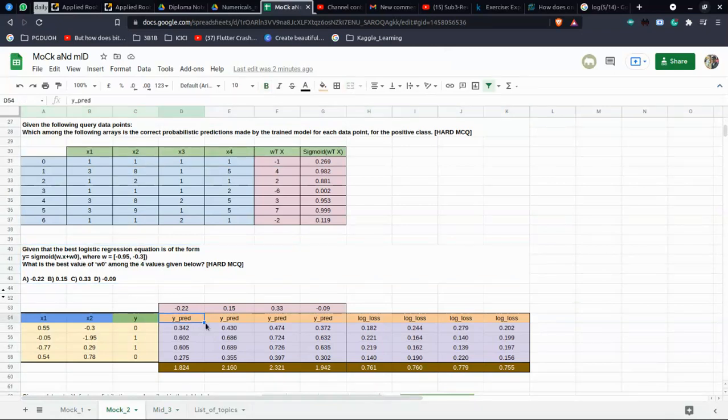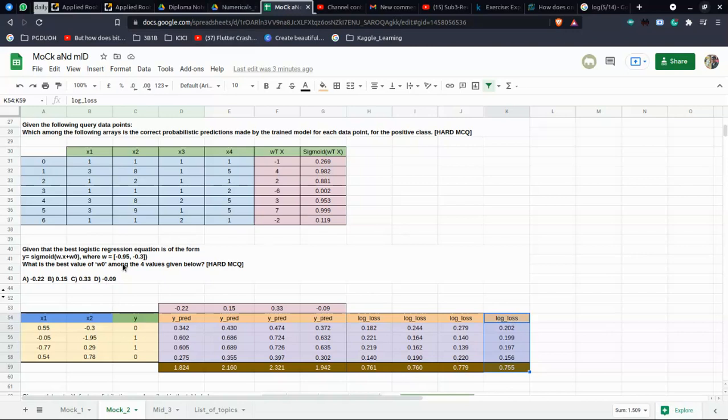Similarly, we did the same thing and calculated the predicted value when W0 equal to minus 0.22, then 0.15, then the third value, fourth value, right? Then we calculated the log loss, and the minimum loss was occurring here, 0.755, right? Neck to neck competition is there, but D is the correct answer. Minimum loss, right?